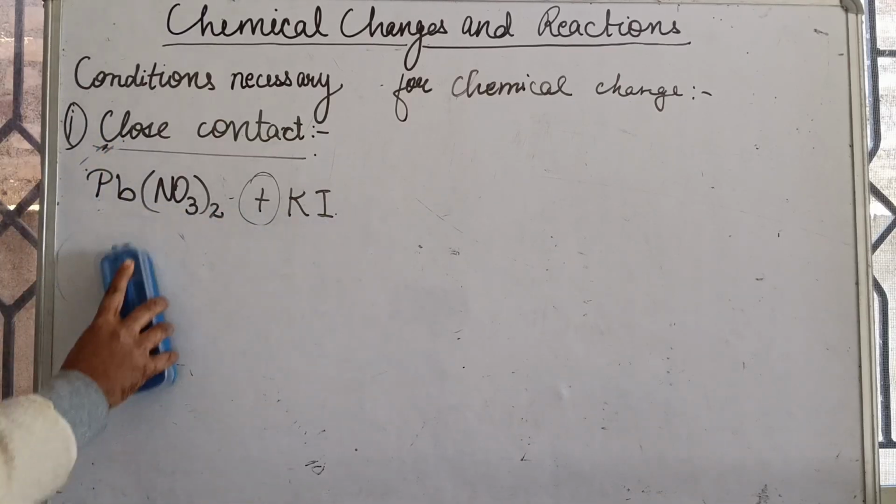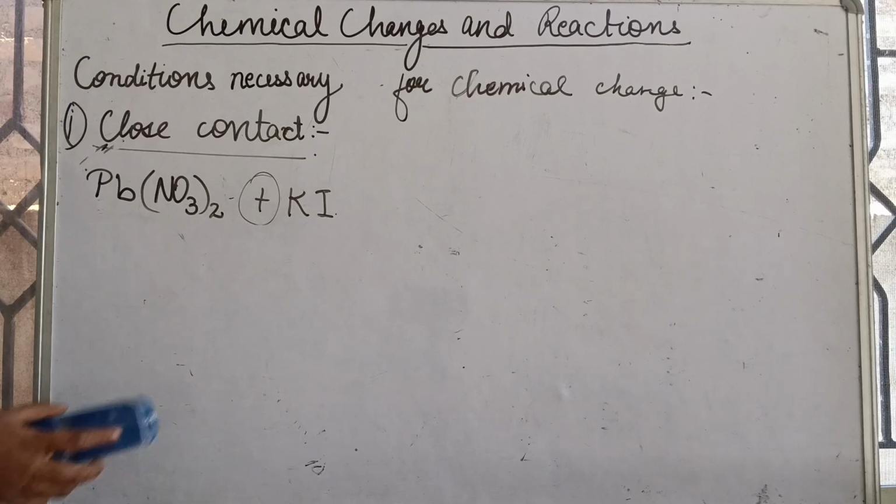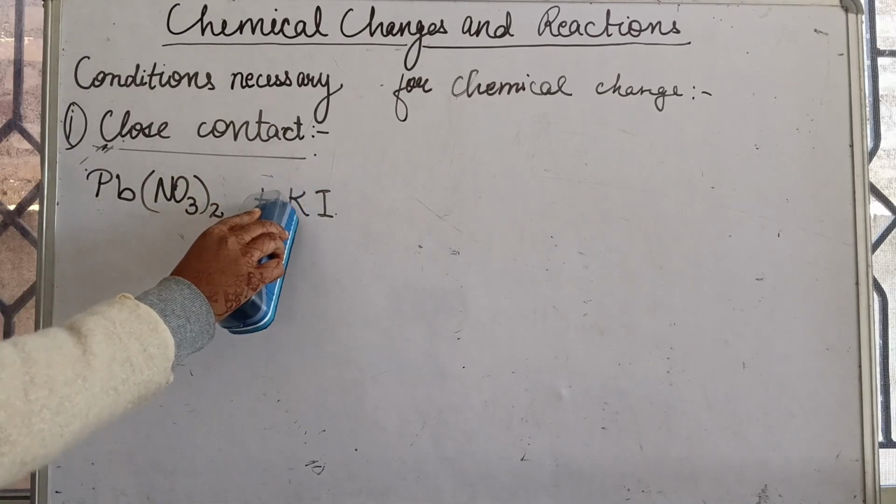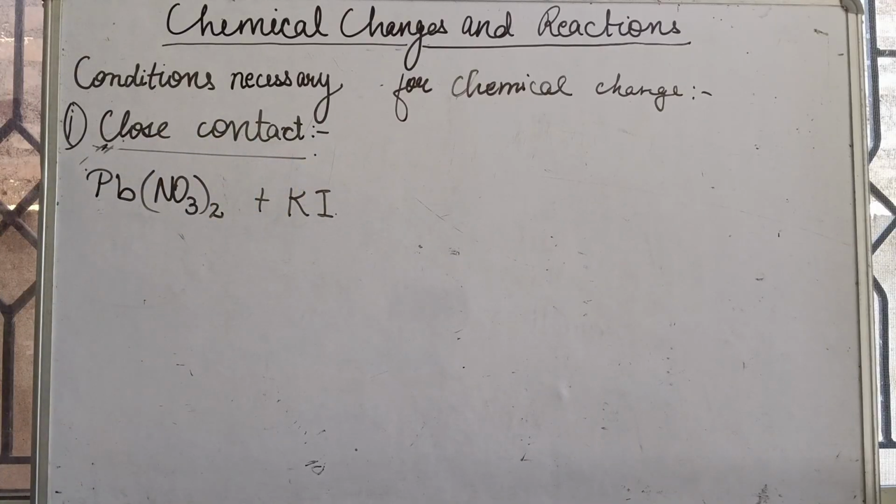Now, is lead nitrate white in color or yellow? Lead nitrate is white in color and potassium iodide is also white.